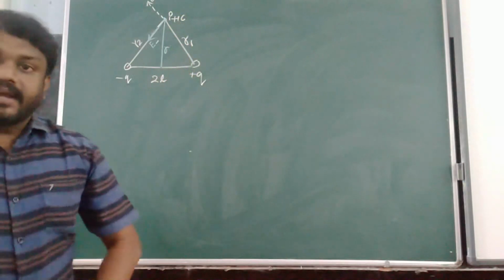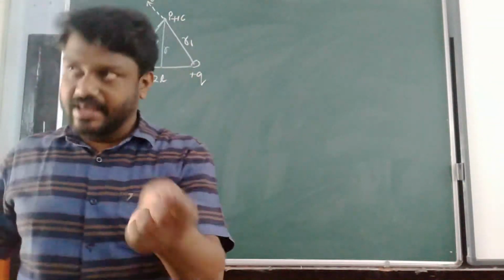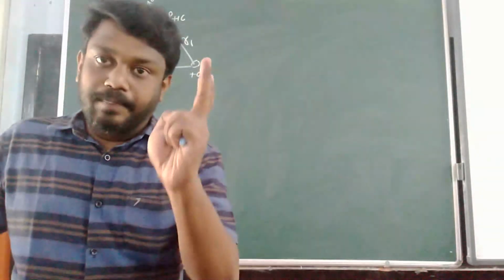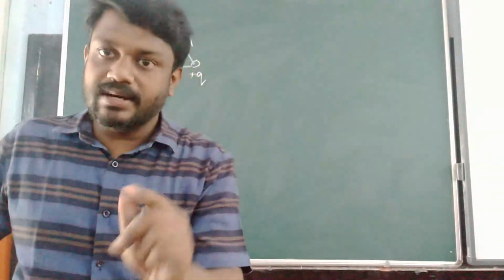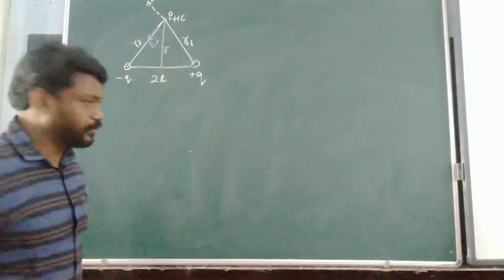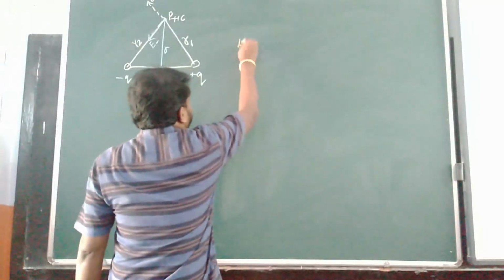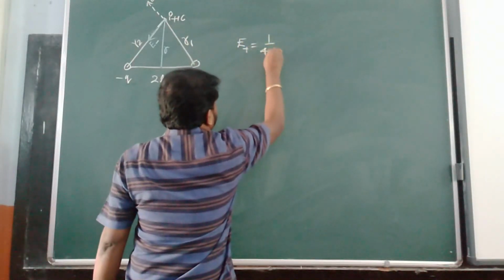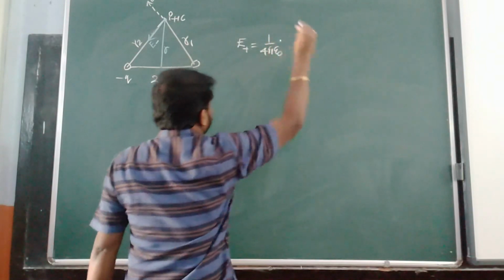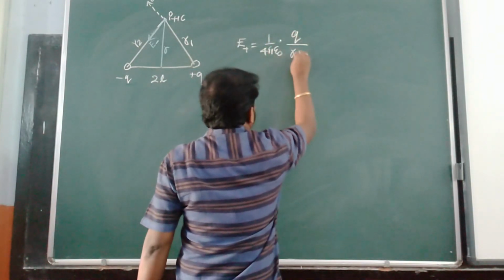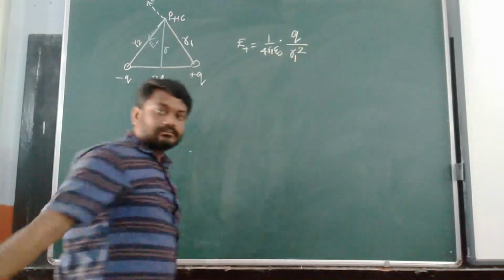And find the total force acting, which means the electric field intensity due to plus Q charge and minus Q charge acting at the point P. First of all, we have to find that. So, E plus is equal to 1 by 4 pi epsilon 0 Q divided by R1 square.